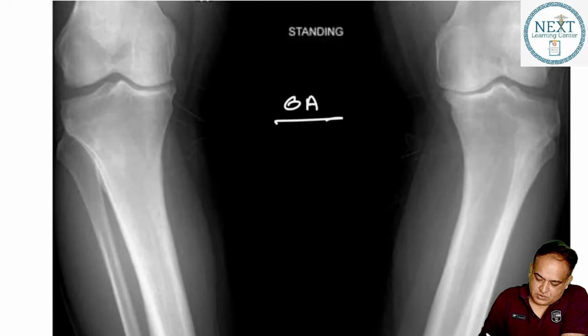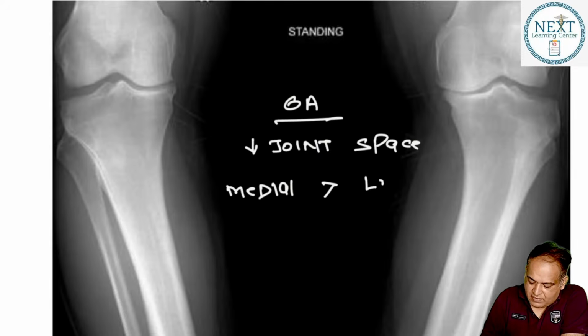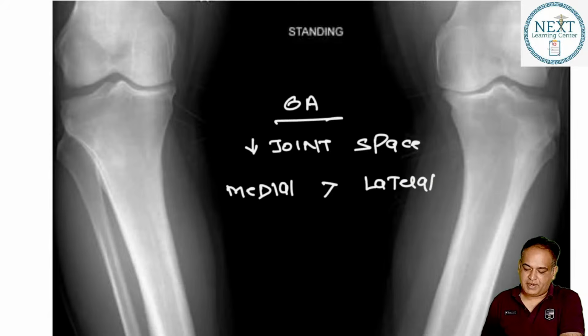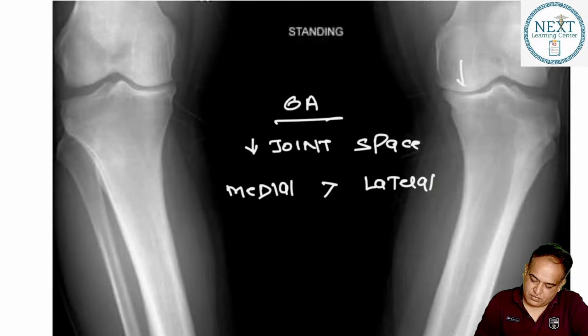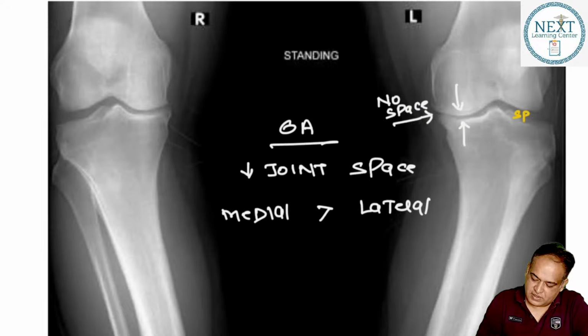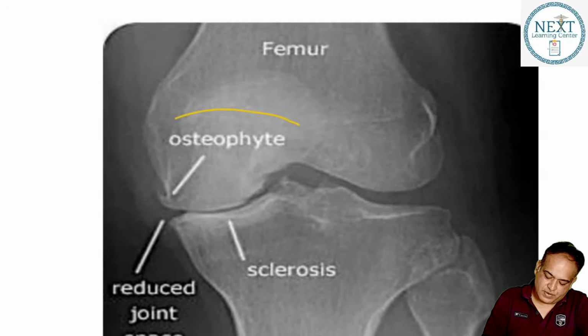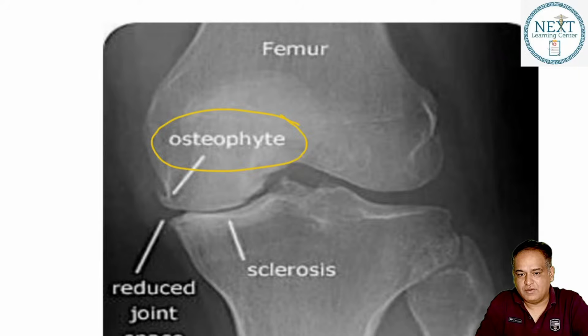Fine. This is what we get to see on osteoarthritis. So on osteoarthritis, what do we get to see? Decreased joint space, more on the medial side than on the lateral. You see here. On the medial side, you can see that there is absolutely no space. And here you can see there is still some space. Then the next thing which you get to see is osteophyte.